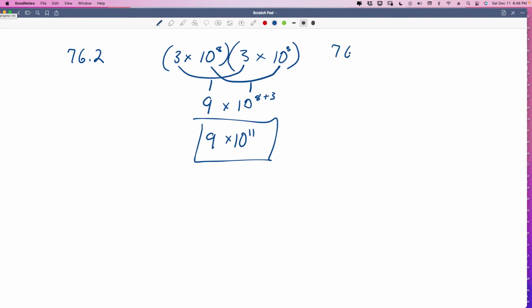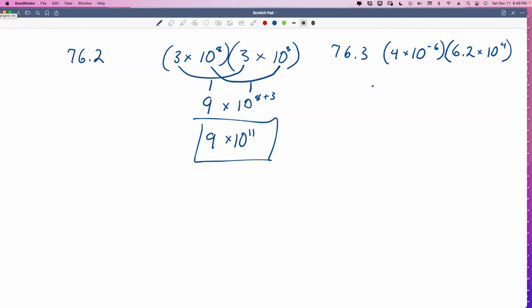Let's do 76.3. And we have 4 times 10 to the negative 6 times 6.2 times 10 to the 4th.